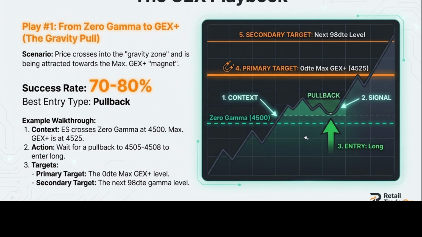When you see a big positive gamma bar here, and few or little negative Gex bars here in the negative zone.